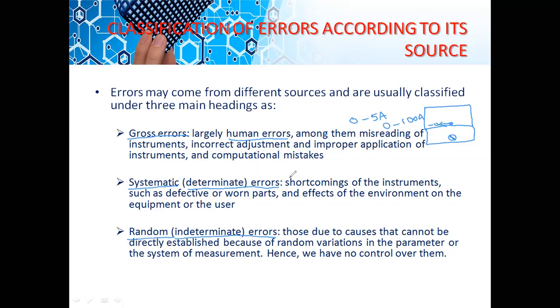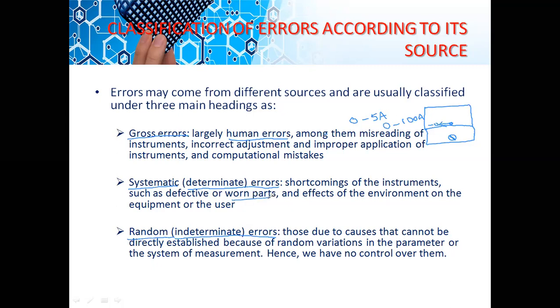These systematic or determinate errors are shortcomings of the instrument such as defective or worn parts and effects of the environment on the equipment or the user. So these type of systematic errors are the errors that are because of the worn parts in the measuring instrument. Now, if we go for electromechanical measuring instruments where we are going to have moving parts, now moving parts will be worn out if it is used for some years.